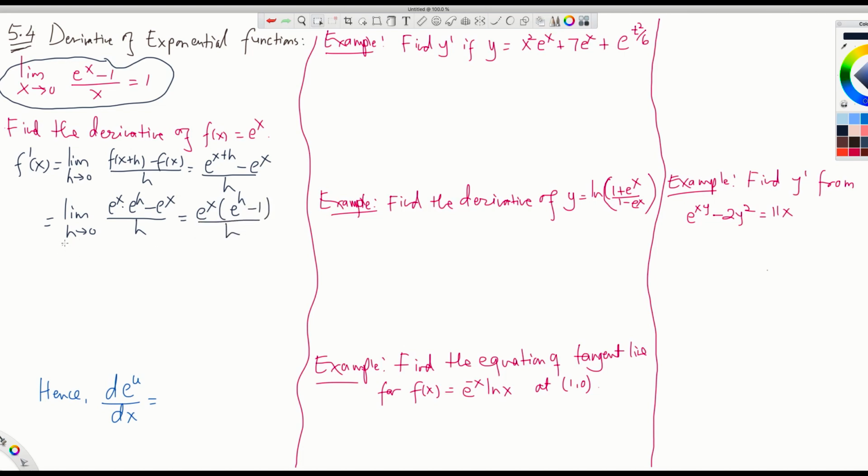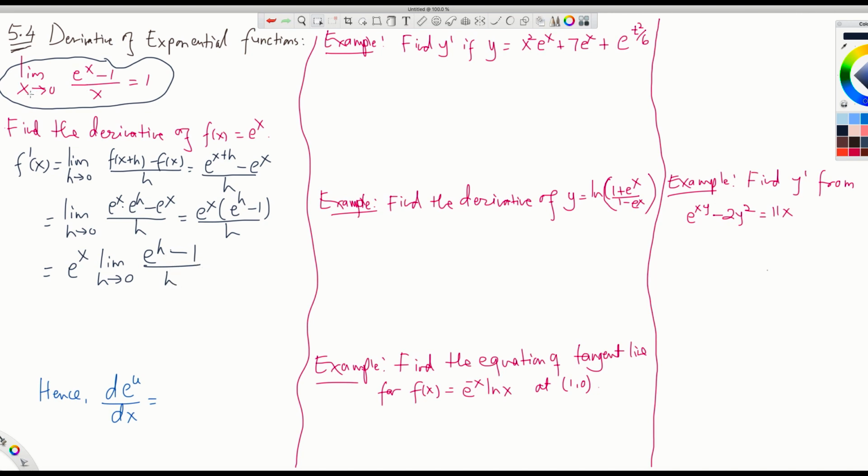Since e to the x does not have h in it, I can pull that out. It is like a constant with respect to h. Then take the limit as h tends to 0 of (e to the h minus 1) over h.